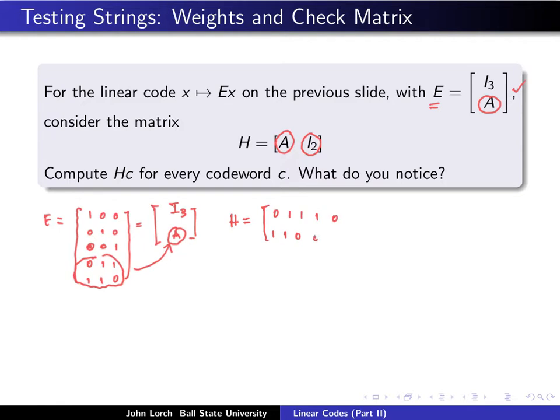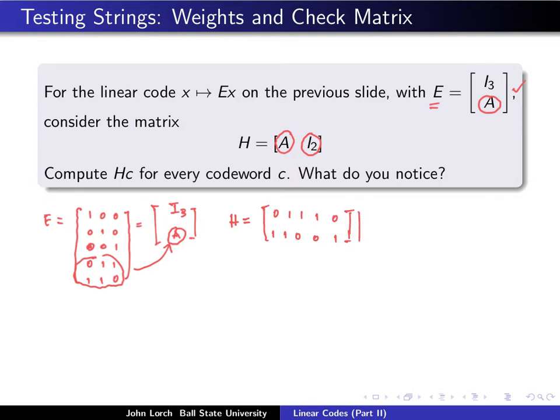In fact, that's the only identity matrix we could set it next to in order to fill out a matrix. And then we're going to multiply this matrix by every single code word that we got on the previous slide. Now look, there were a lot of code words there, so we're just going to do a few of them here, and hopefully we'll get the point.